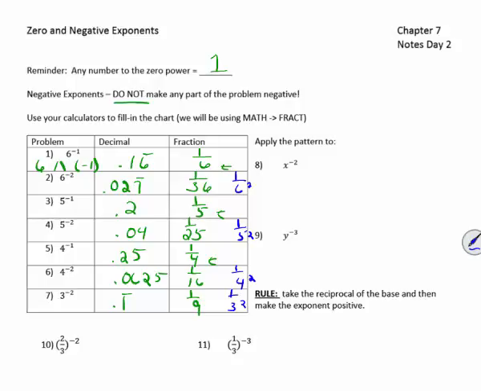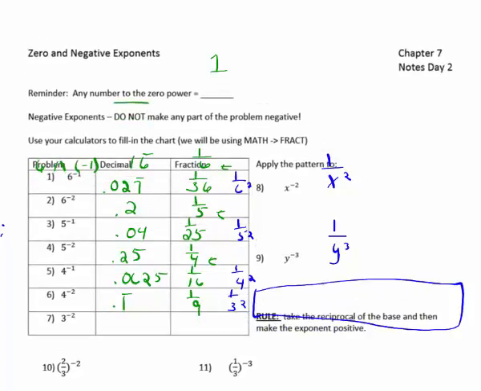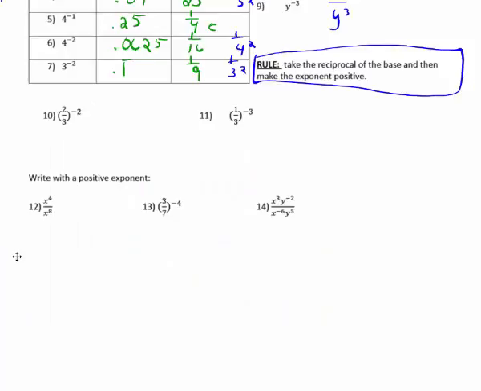So if I have a variable exponent, this is going to be 1/x squared. Y to the negative third is going to be 1/y cubed. So our rule is that you take the reciprocal of the base, and then you make the exponent positive. So I can do that then even if I have fraction bases, and I'm just going to take the reciprocal.